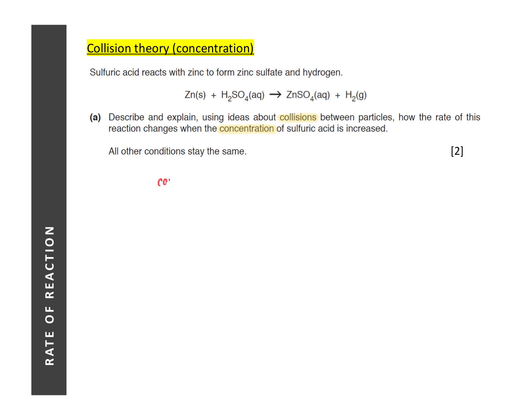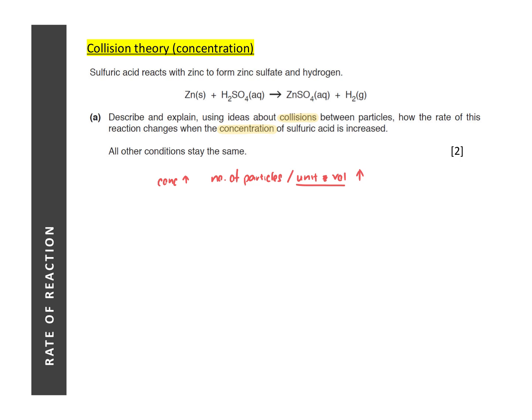When the concentration of your acid increases, the number of particles per unit volume increases. Over here the per unit volume is important. When you simply say number of particles increases, it doesn't translate into concentration increases.